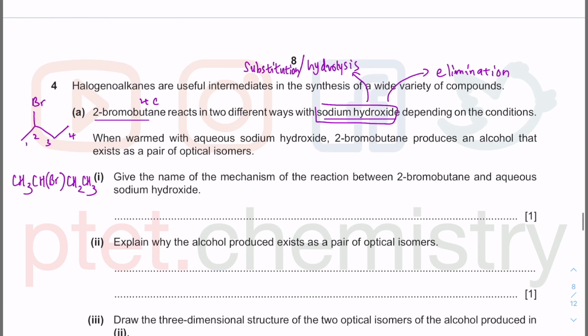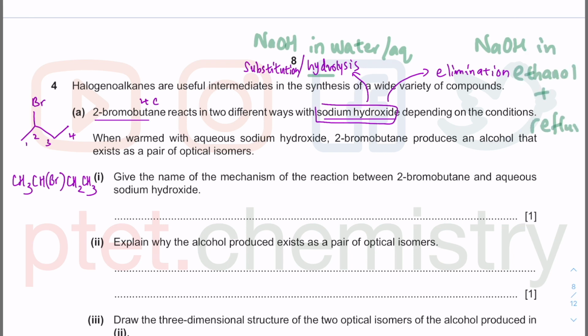Hydrolysis, the hydro means in water. So that means aqueous conditions. So this is NaOH in aqueous conditions. For elimination, you need NaOH in ethanol. For both of them, you need reflux as well for your heat. So it's just the choice of your solvent: water, because you're doing hydrolysis of the halogenoalkane, or ethanol if you want to favor elimination there.